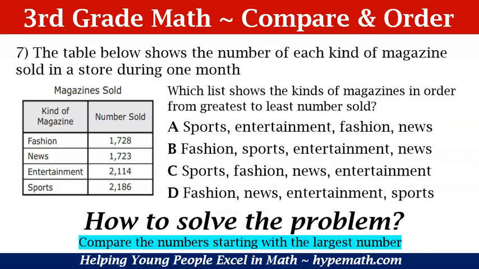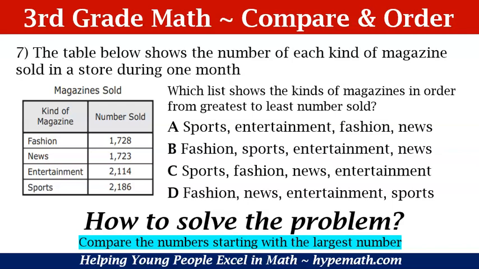Now let's look at our answer choices, and this is a test-taking strategy, students. You can cut down the wrong answers to increase your chances of getting the answer right. Let me show you how. We both agree that sports has the largest number, 2,186, right? Well, A starts with sports, B says fashion, C starts with sports, and D starts with fashion.